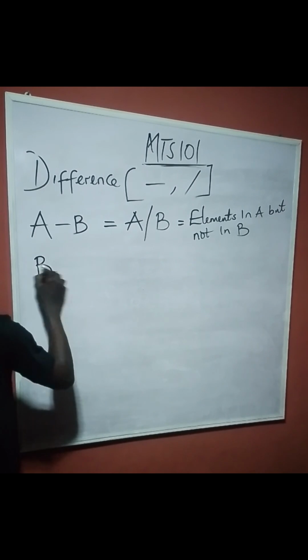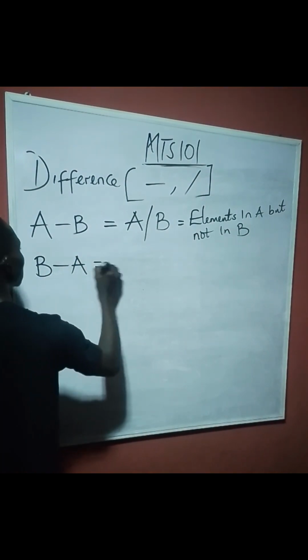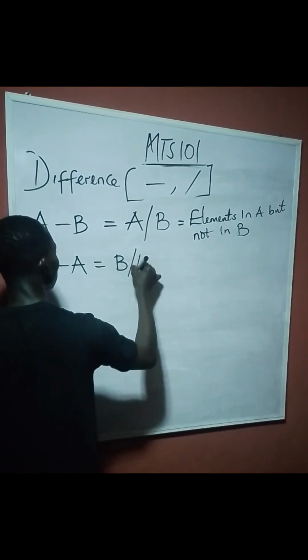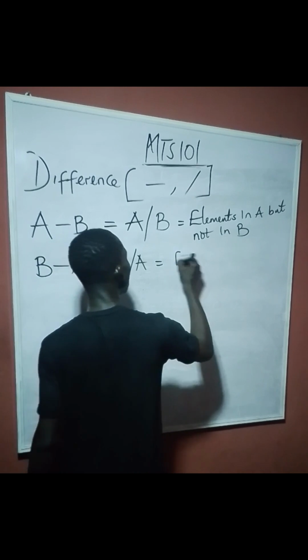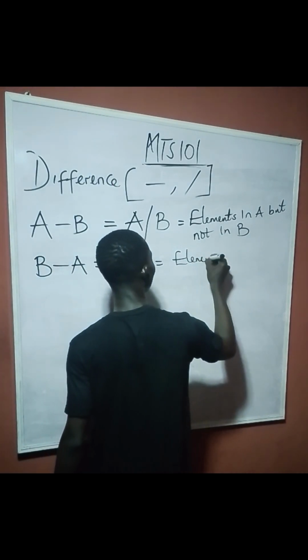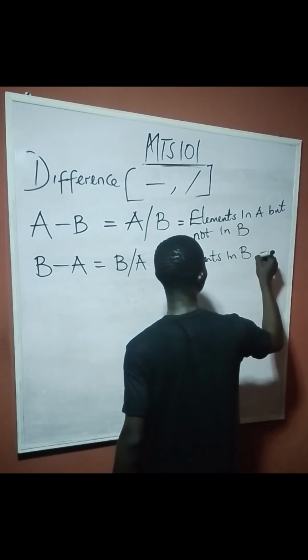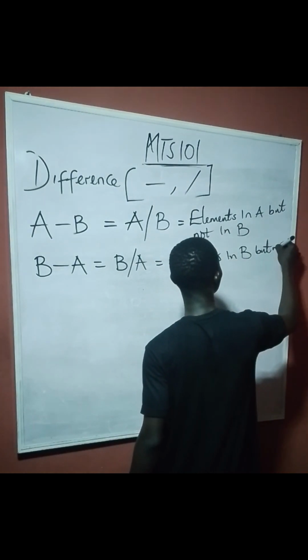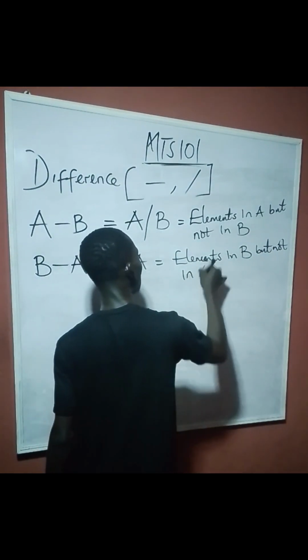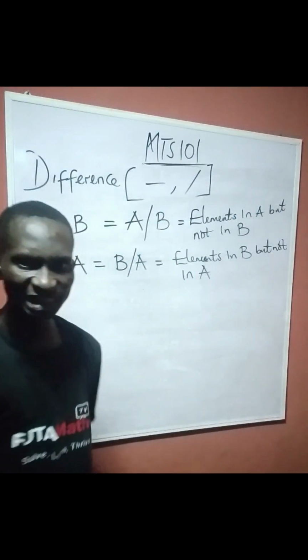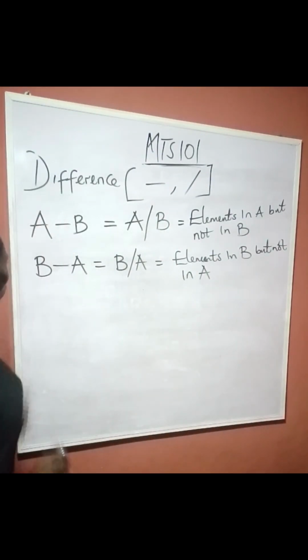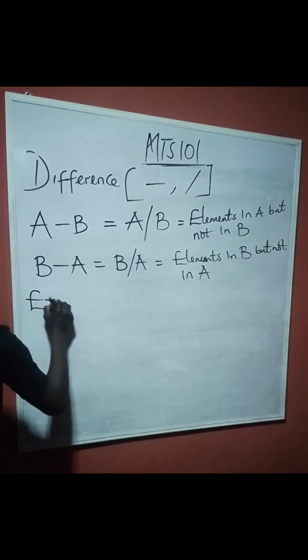But when you have B difference A, which is the same as B slash A, it means elements contained in B but not in A. So let's pick an example and do this too. Example 1.